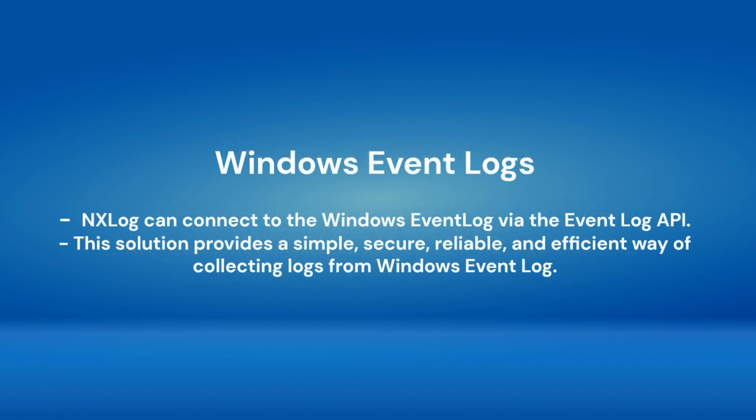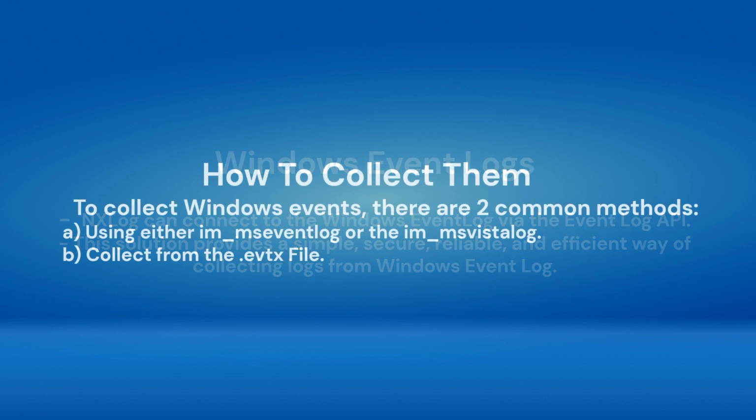So, the NXLog agent can connect to the Windows event log via the event log API. This solution provides a simple, secure, reliable, and efficient way of collecting logs from Windows event log.